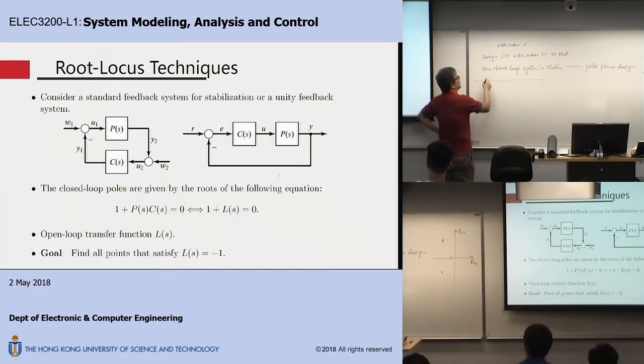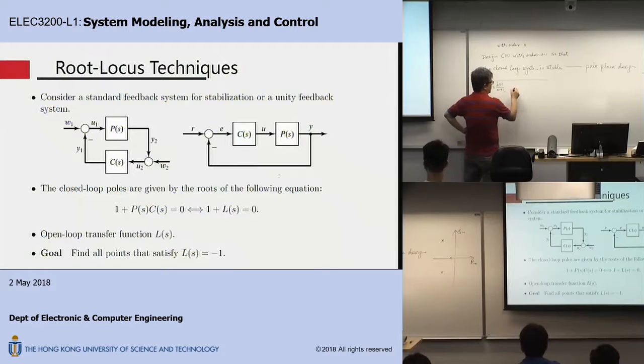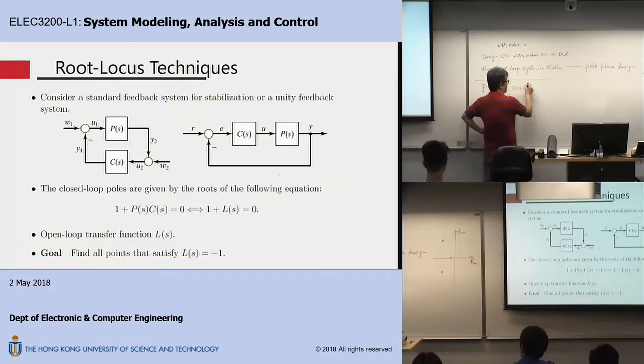Suppose that P(s) is B(s) over A(s), and C(s) is q(s) over p(s).